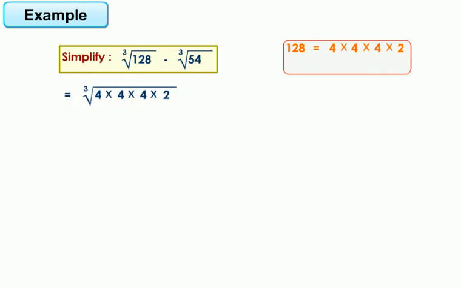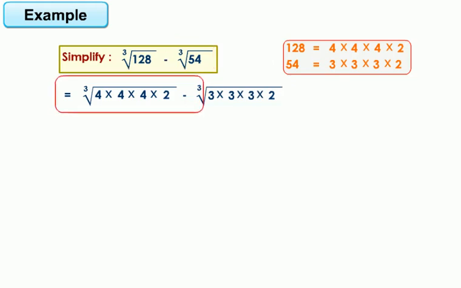Students, also 54 can be factorized, which is equal to 3 into 3 into 3 into 2, and write cube root of 54 as cube root of 3 into 3 into 3 into 2.